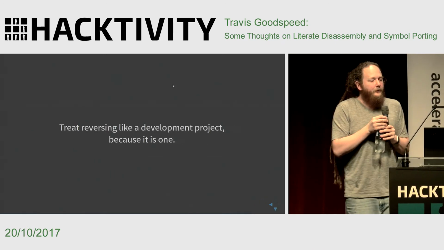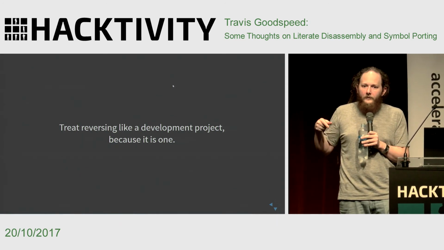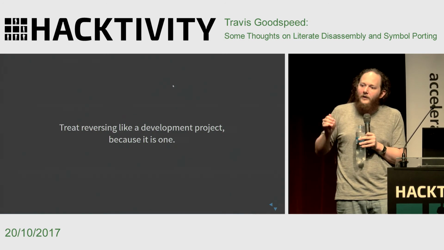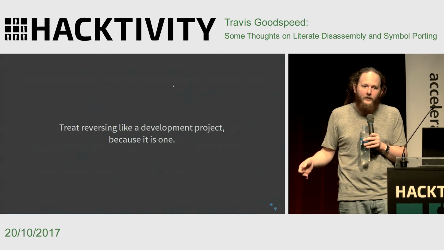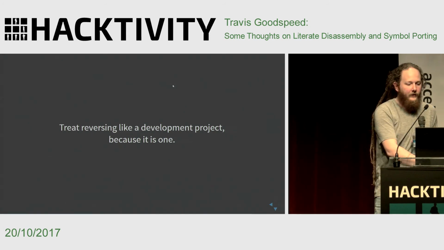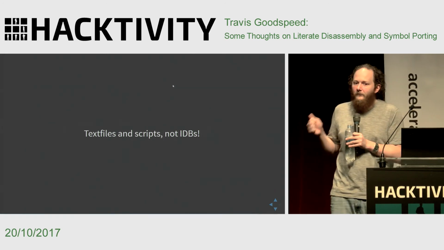So you should treat reverse engineering like a development project rather than like an IDA puzzle or a Sudoku puzzle. It's not something that you're going to throw away at the end, so you shouldn't treat it like that. Instead, you should build it as something that can be maintained. Use text files and scripts for everything.